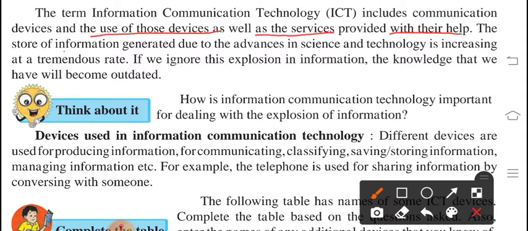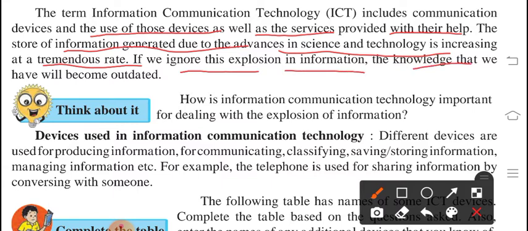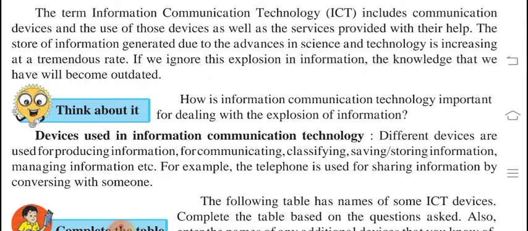The store of information generated due to advances in science and technology is increasing at a tremendous rate. If we ignore this explosion in information, the knowledge that we have will become outdated. Why is this written here? Because nowadays it is very important to be aware of this technology.